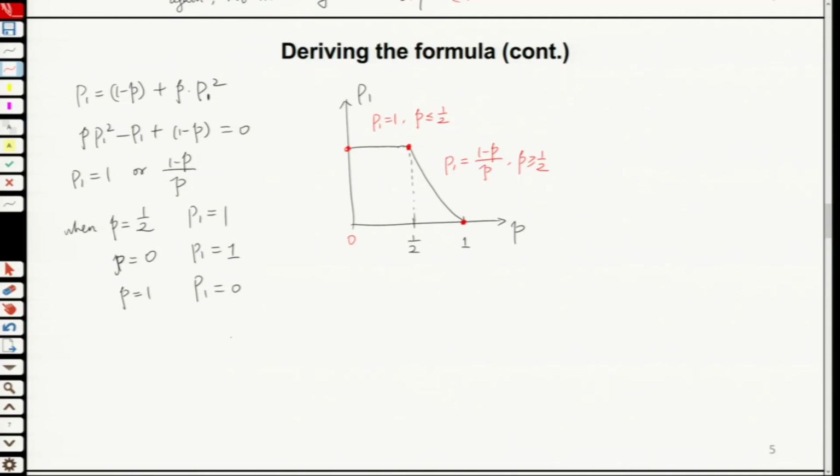So the solution for P1 is 1 if P is less than 1/2, and it equals (1 minus P) over P if P is greater than 1/2.